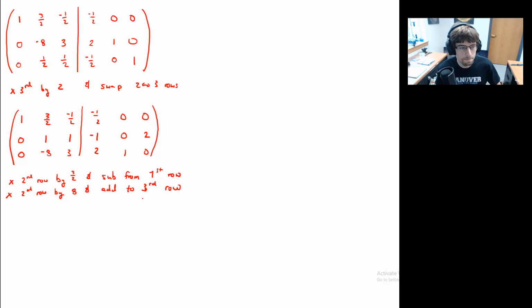Let's go ahead. So multiply the second row by 3/2 and subtract from the first row. Well, 0 times 3/2 is 0, so I get 1. I have 1 times 3/2, so I get 3/2 minus 1 times 3/2. And then I have -1/2 minus 1 times 3/2.